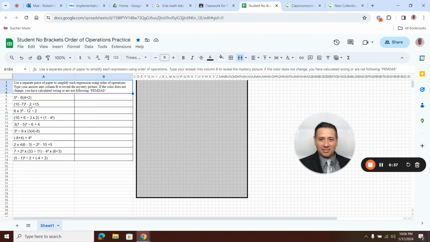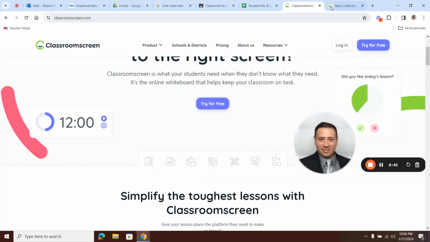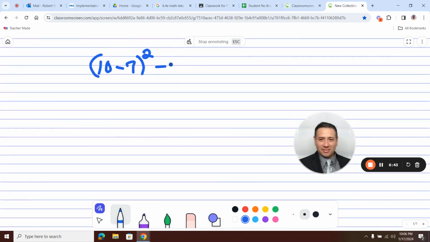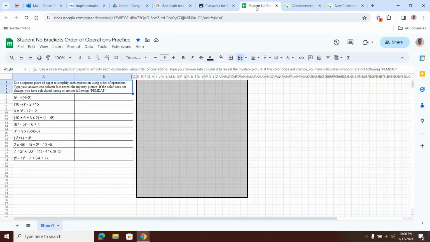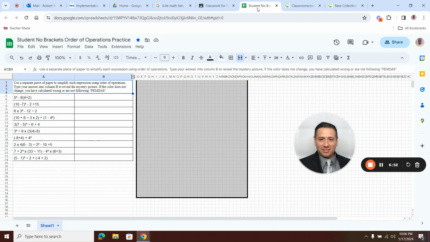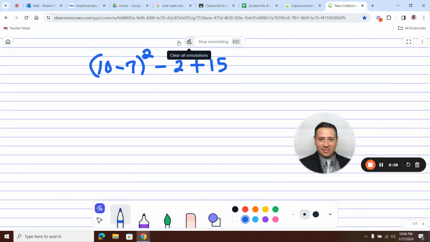We're doing number 2. Minus 2 plus 15. So 10 minus 7 minus 2 plus 15. And this will be number 2. Don't forget to number on your paper.